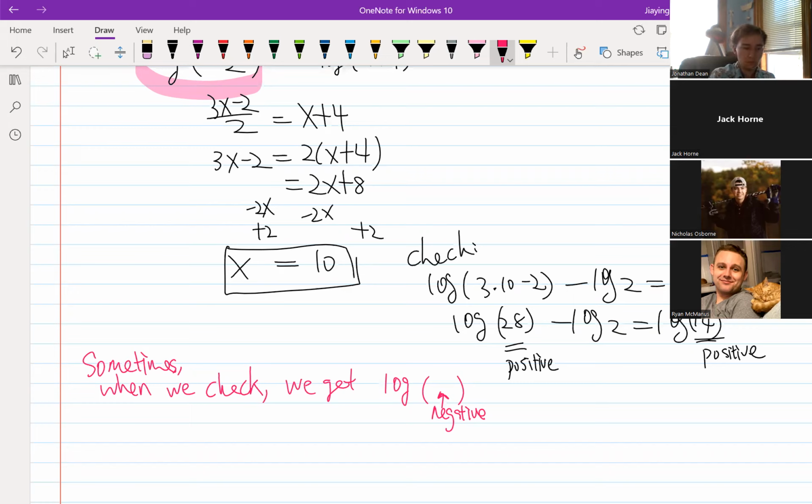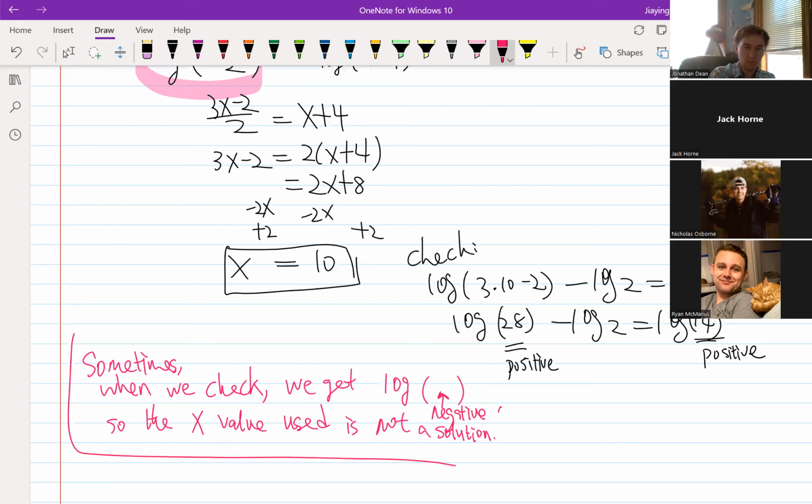That's going to be the indicator that whatever x value we plug into the equation to check is not a solution. It's an extraneous solution. So that's just something to keep in mind, even though we are not seeing it in the examples here, it doesn't mean it's not happening.